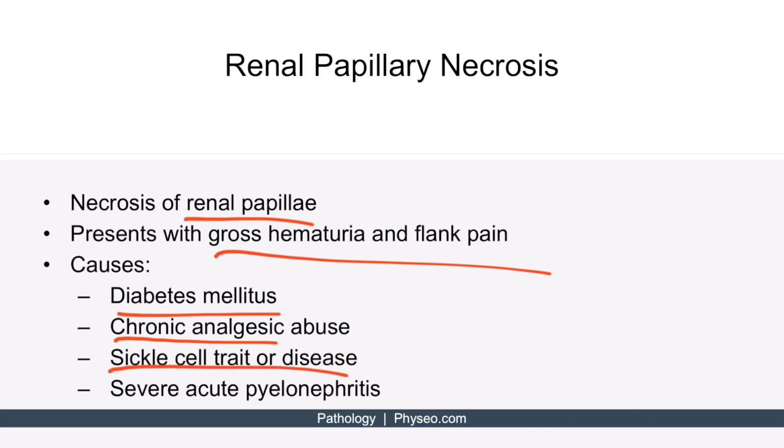And then sickle cell disease, or trait, causes sickled RBCs to obstruct the small vessels of the kidney, which predispose those vessels to ischemia. And in severe acute pyelonephritis, the fibrotic interstitial and atrophic tubules of the pyelonephritic kidney compresses the medullary vasculature, which leads to ischemia. Again, that's severe cases of acute pyelonephritis.